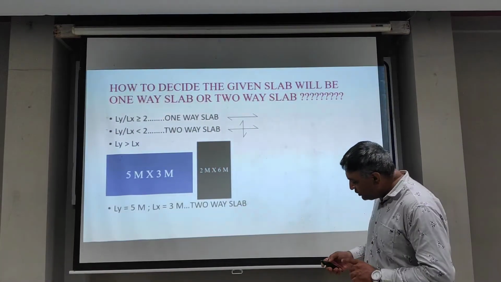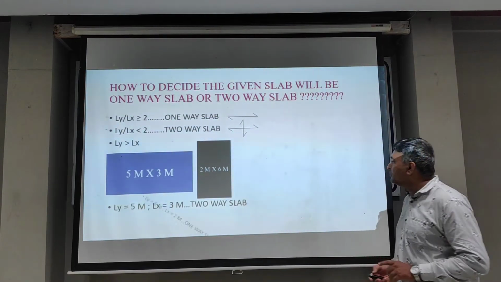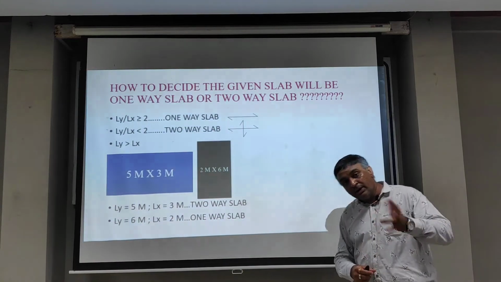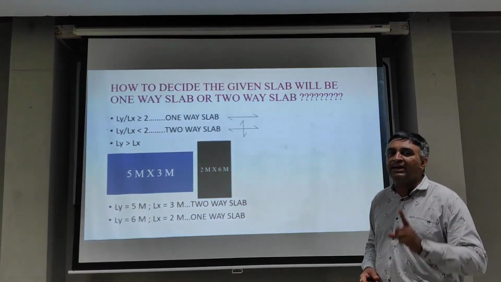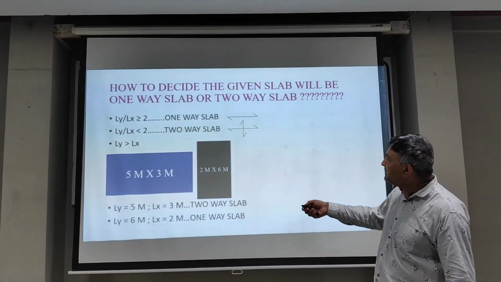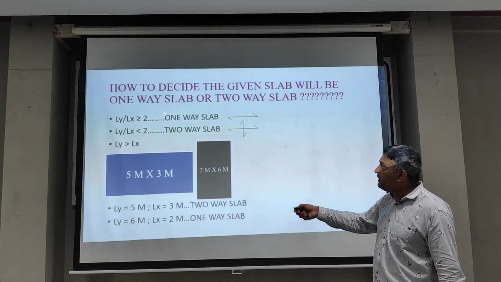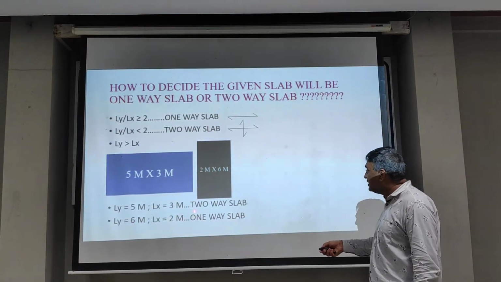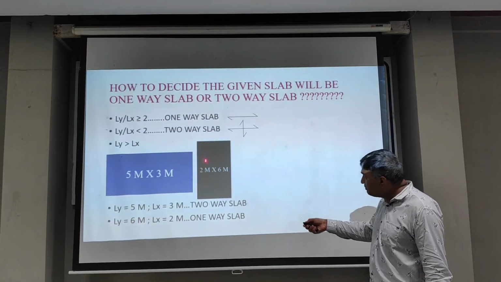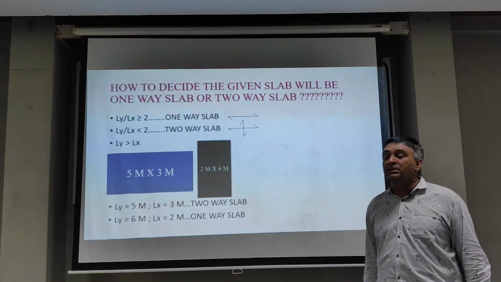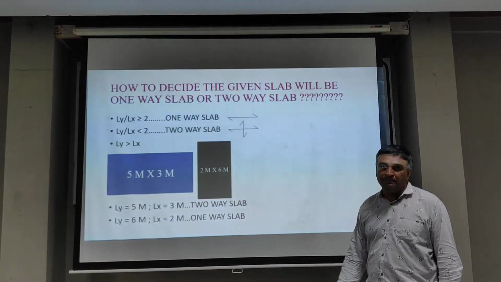Now divide: 6 by 2 gives 3, and 3 is more than 2. So Ly by Lx is more than 2 in this case, and we must provide this slab as a one-way slab.